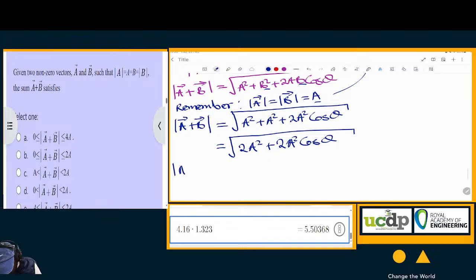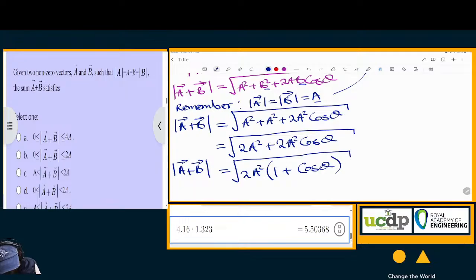So our A plus B will be equal to, you can factor out to make things easier, 2A squared times 1 plus cos theta.